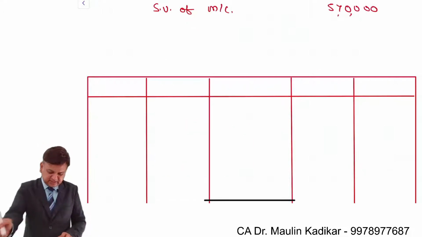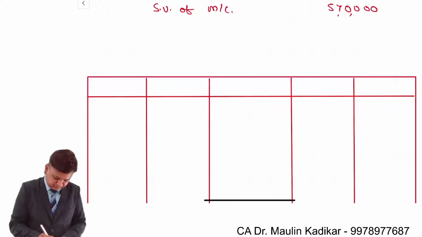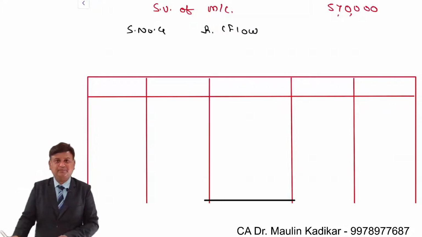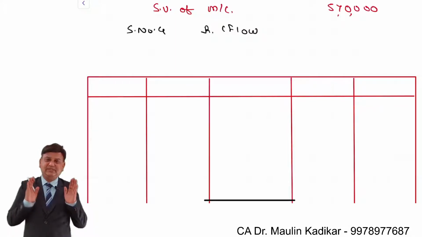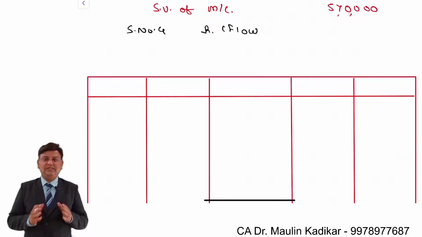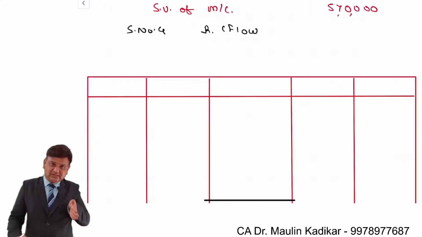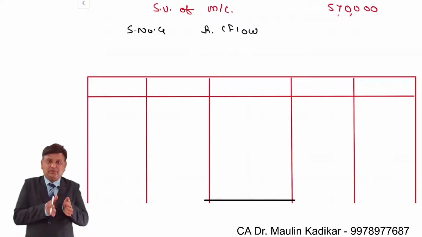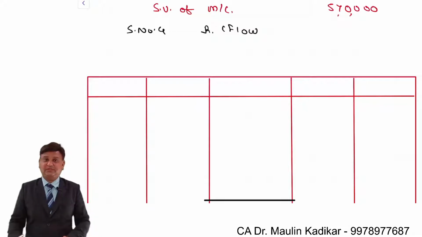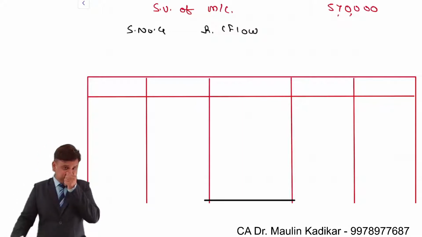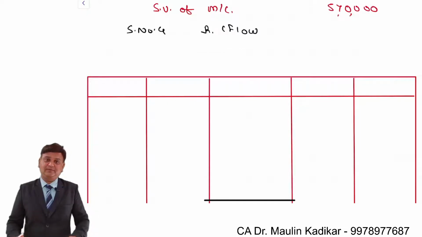Step number 4 is recurring cash flow. Now dear students, in this question it is not possible for us to compute the cash flows of the existing machinery and the cash flows with the new machinery and then find the difference, because sufficient information is not given for that.